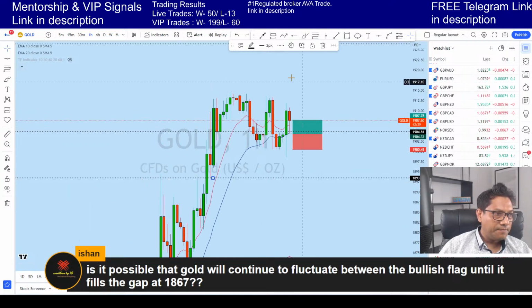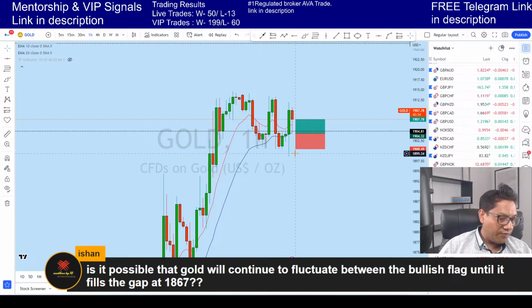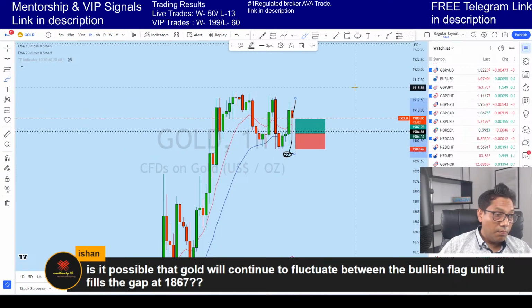But what I think we could see is that because it grabbed liquidity multiple times from here, and it grabbed a huge liquidity in that zone. So let's see how it does. You can see there is one liquidity grab here, and then there's one here, back to back two, and this candle has volume in it.